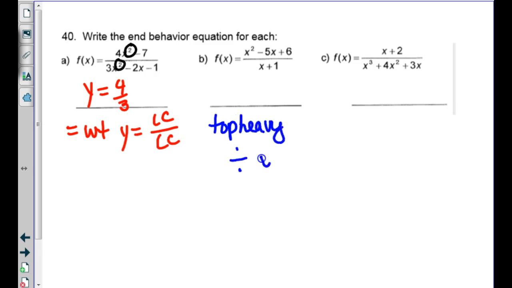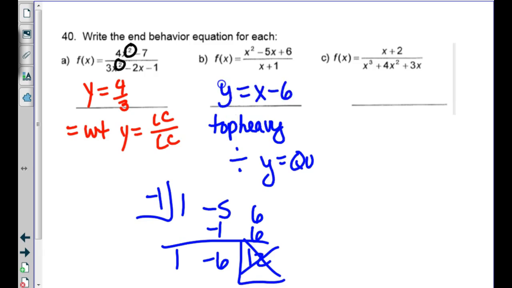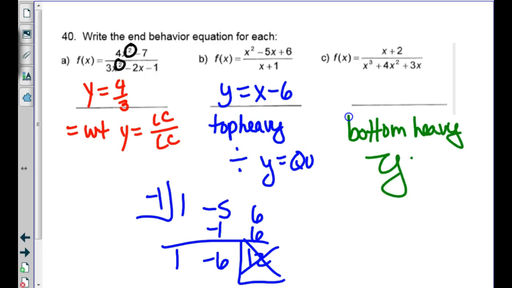You divide, and it's y equals the quotient. Okay? So -1, 1, -5, 6. Bring down the 1, multiply, add. Then what's the answer? That's the remainder. Y equals x minus 6. And this guy? Bottom heavy, so the answer is, anybody remember? Y equals 0, yes.